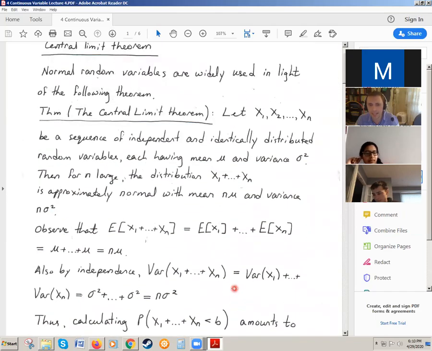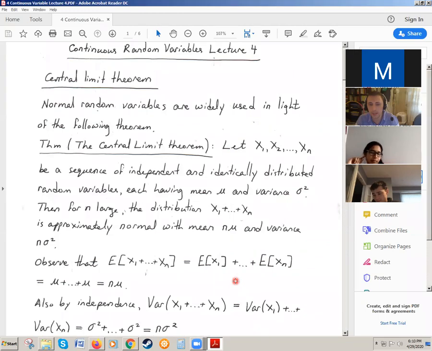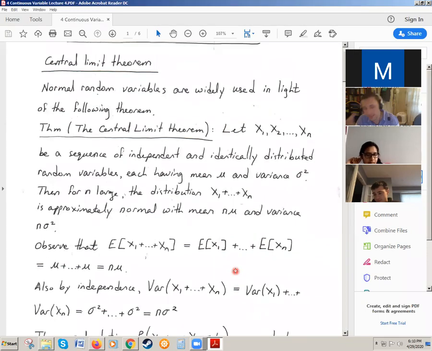So the statement of the central limit theorem, right? The central limit theorem tells us that if we take any random variable, no matter what, continuous or any other, it has a certain distribution. The distribution of this particular random variable obviously does not have to be normal.